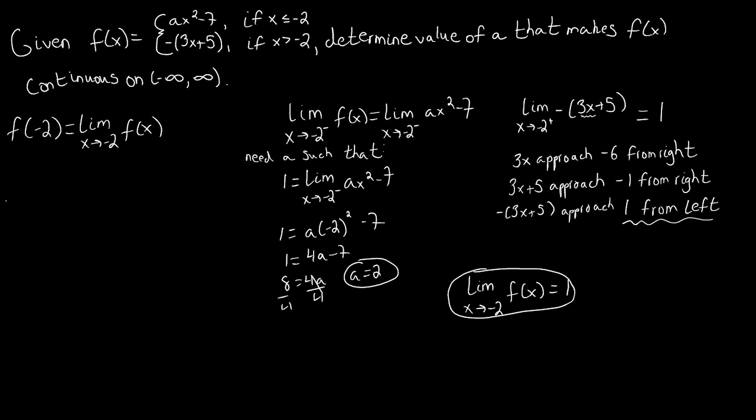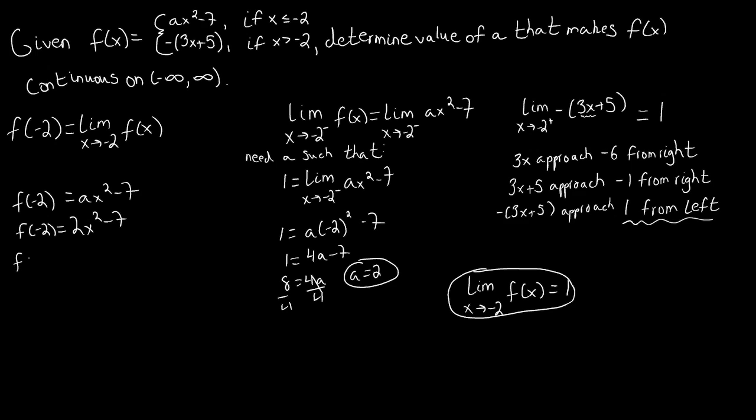So when we evaluate f of negative 2, we're going to be concerned with this piece. Okay, and we said a is 2. So let's go ahead and check that first. Make sure we plug that in: 2x squared minus 7. And so now, let's plug in negative 2 for x.